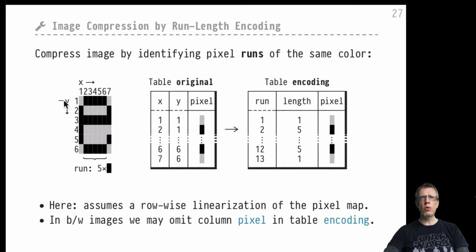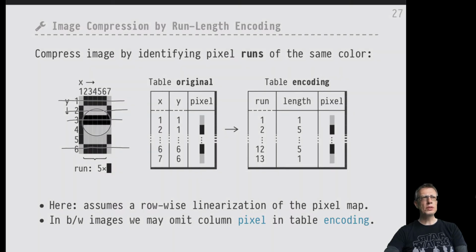So we will walk the first row from left to right, and then the second row from left to right, the third row from left to right, and so on until we walk through the last row from left to right. So in this linearized form, the top left pixel would be the first pixel, and this bottom right pixel would be the last pixel.